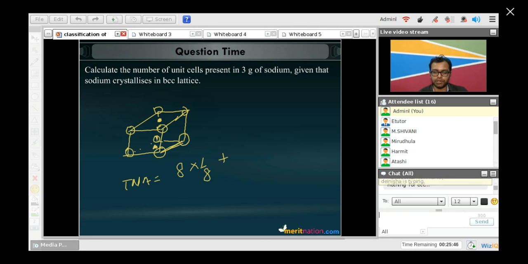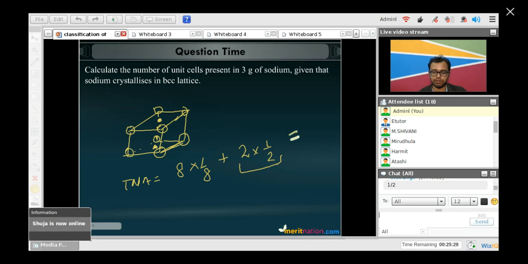So what is the contribution towards one unit cell of an atom present at the face? So the contribution is 1/2, right? Now since there are 2 atoms present at the face center, the number of atoms contributed at the face is 2 multiplied by 1/2, and this is equal to 2.